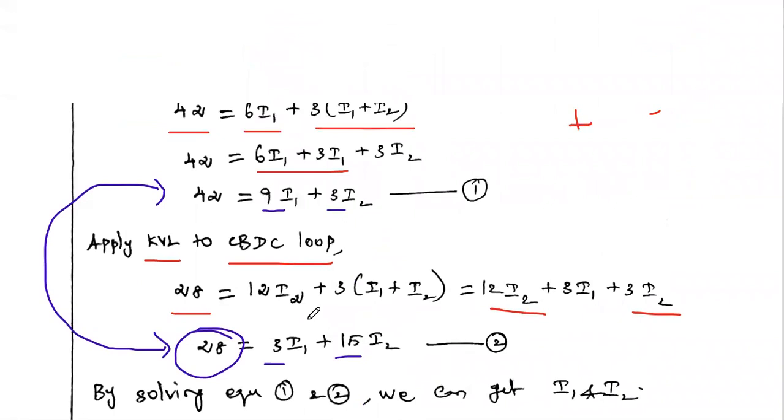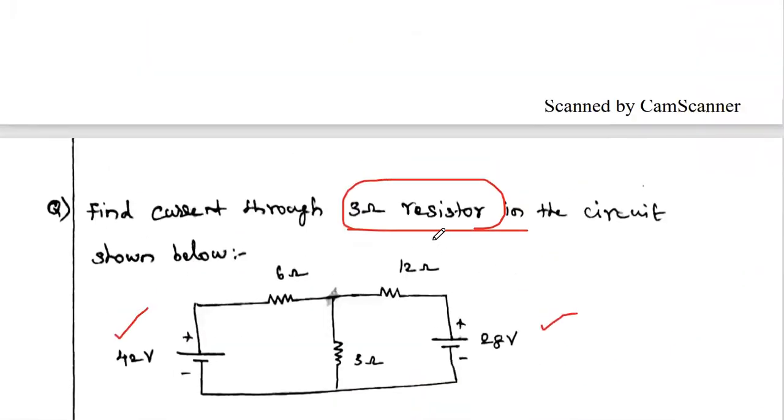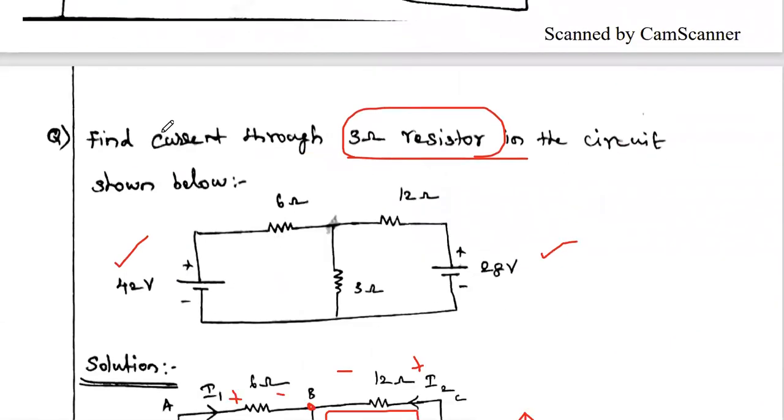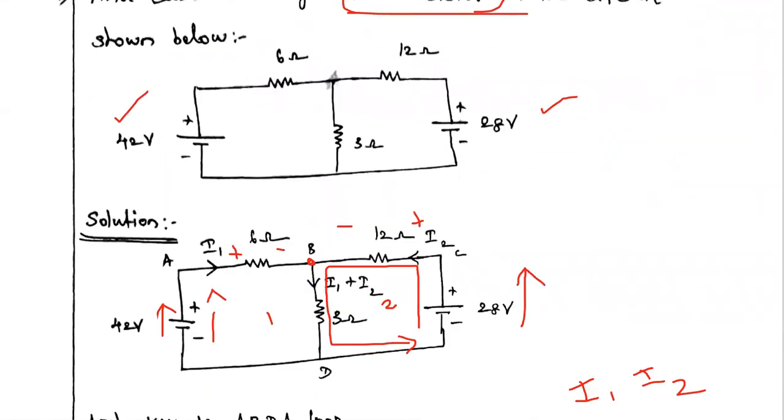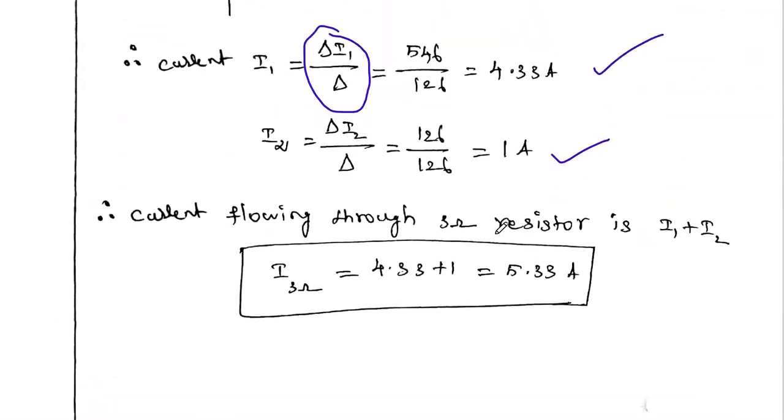So in the circuit, we calculated the two variables, I1 and I2. But what is our question? Our question is to find the current flowing through the 3 ohm resistor. The current flowing through the 3 ohm resistor is I1 plus I2, the addition of I1 and I2.